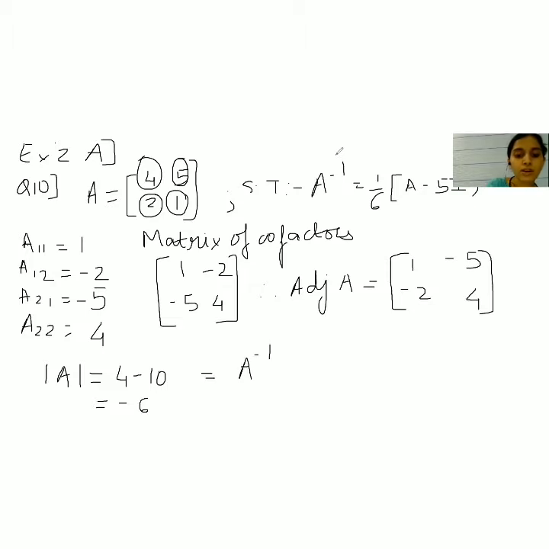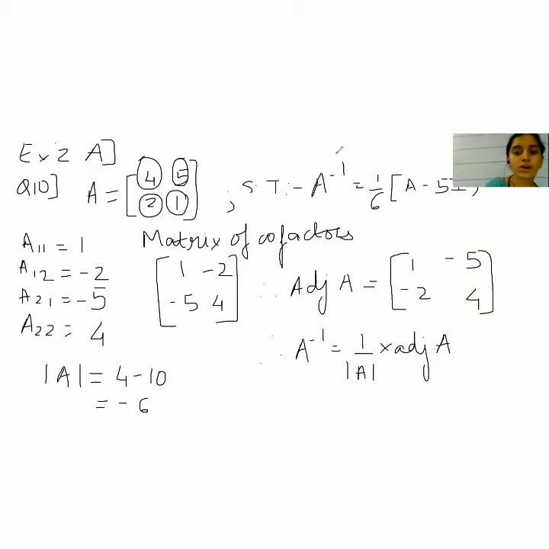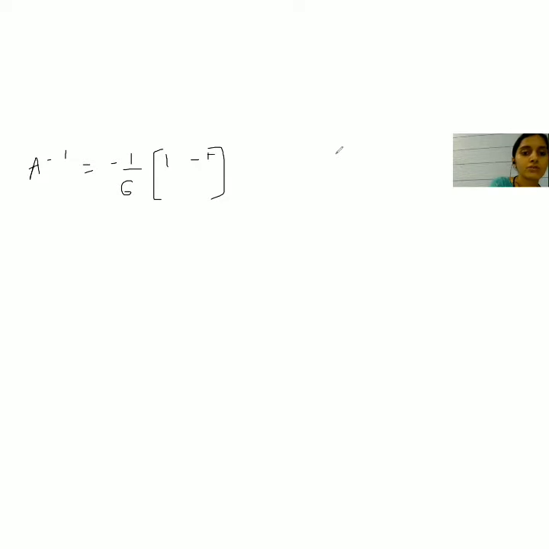The formula we have: A inverse is equal to 1 upon determinant of A multiplied by adjoint of A. So A inverse is equal to minus 1 upon 6 multiplied by the adjoint, 1, minus 5, minus 2 and 4.